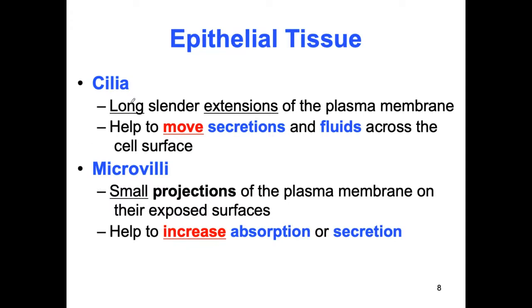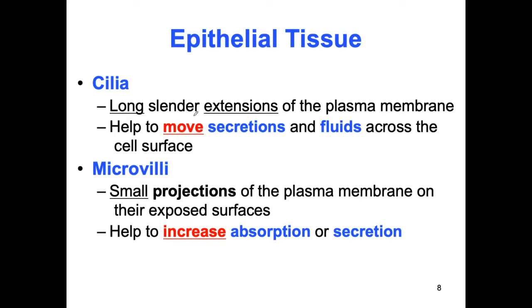So again, we mentioned cilia before, but what I didn't mention are microvilli. Cilia are those long, slender extensions. We've seen them when we covered the cell, because certain cells can have these cilia, which are extensions off the membrane, and it can move the cell, but it can also move secretions and fluids across the cell's surface, as we saw in the windpipe.